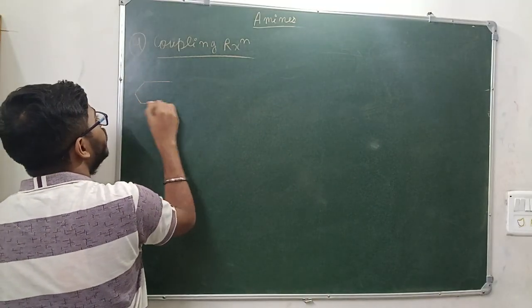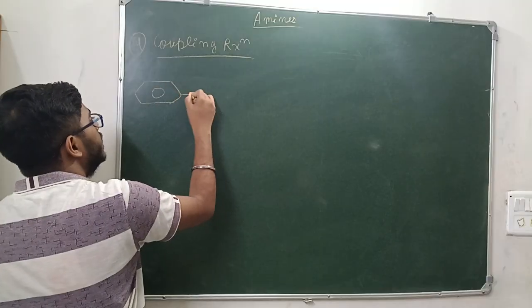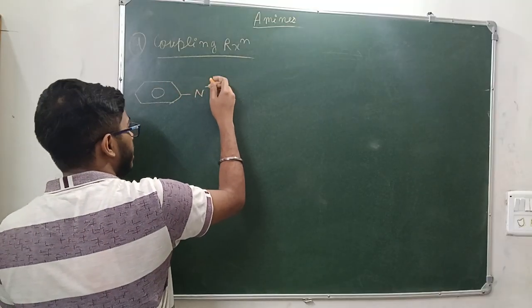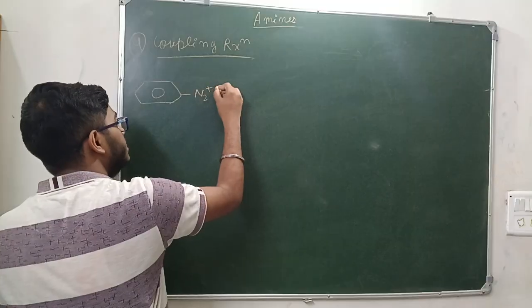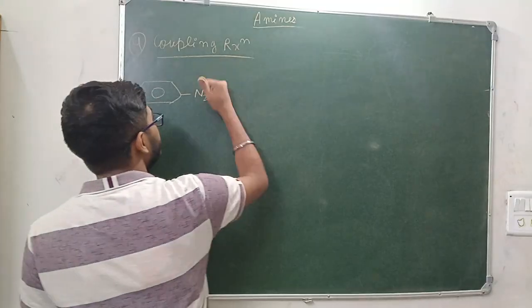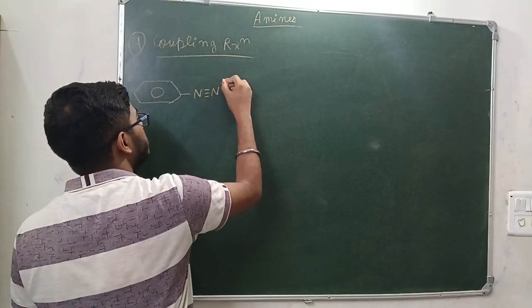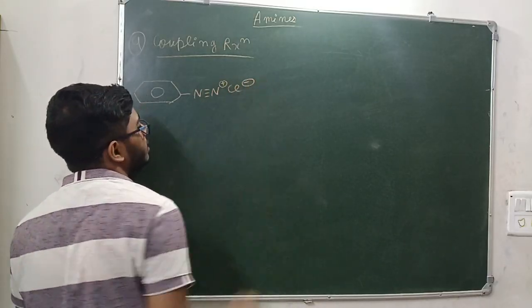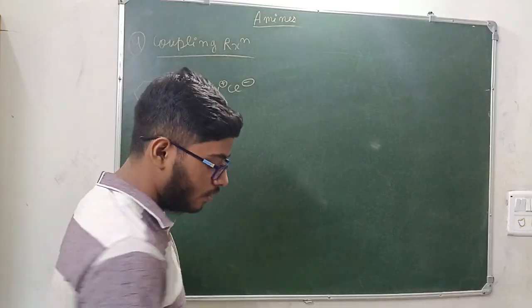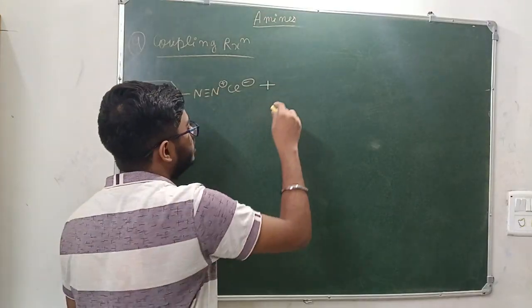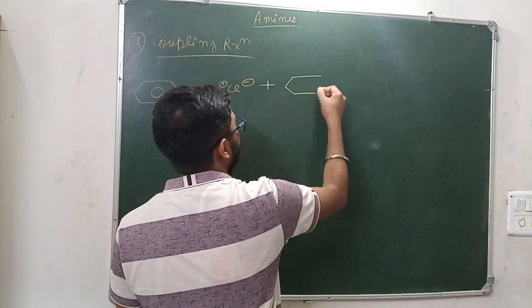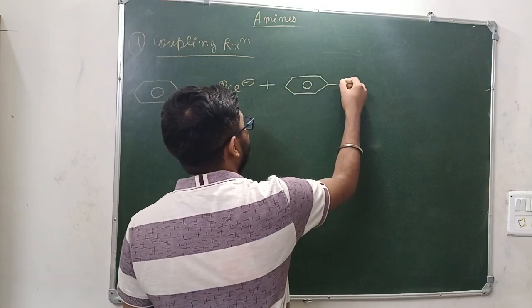See, first of all, you take diazonium salt, N2 plus and Cl minus, like this. But if you rearrange and write it like this, N triple bond N plus and Cl minus, this is diazonium salt. First we will see how to make orange dye. You react this compound with phenol.